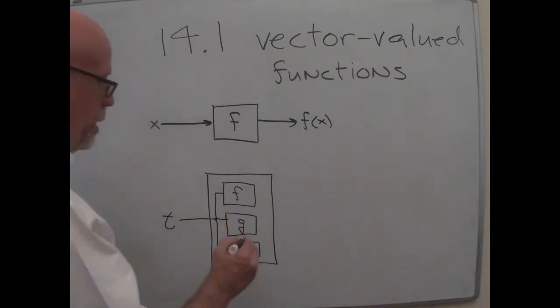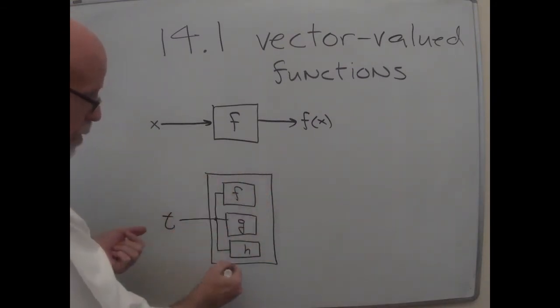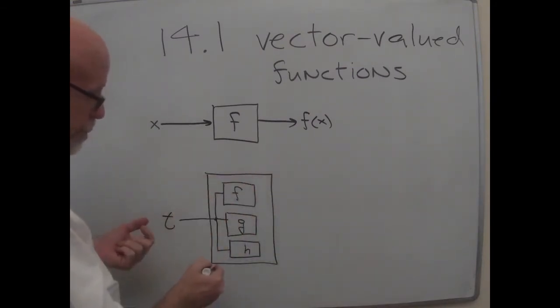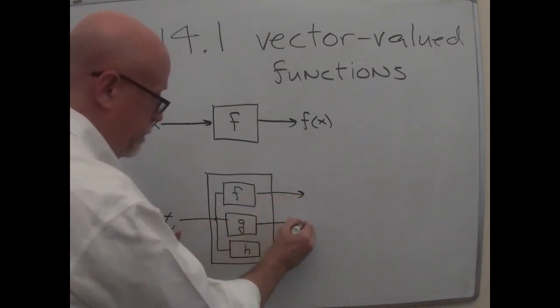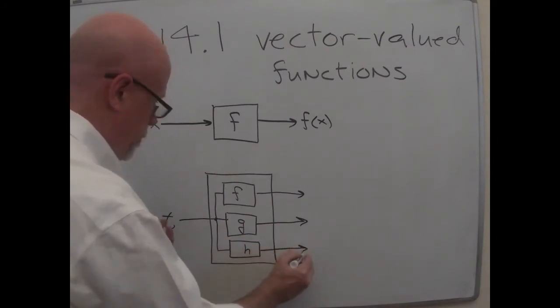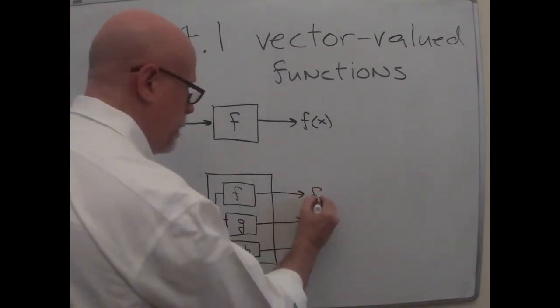Okay. And then the big point of this is that this overall black box diagram is now going to have three outputs coming out of it. And those are f of t, g of t, and h of t.